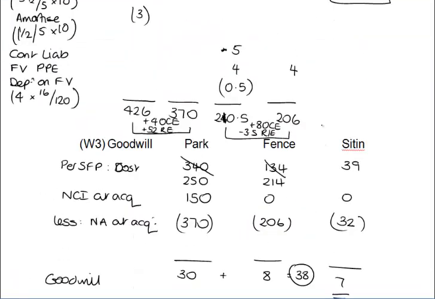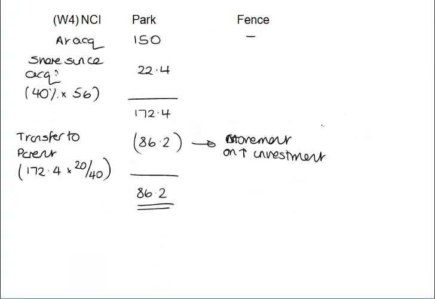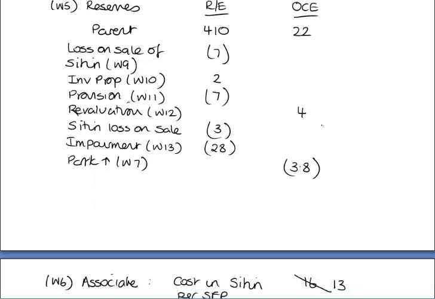Park. We now have to deal with Fence. And what I'm going to say in respect of Fence, OCE has increased by 8. We own 100% of the subsidiary. So go to reserves.